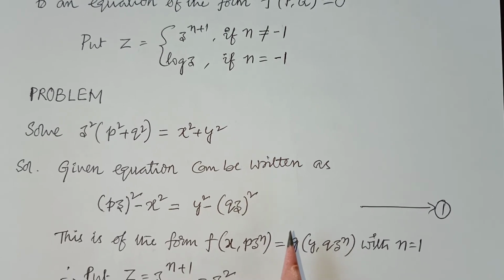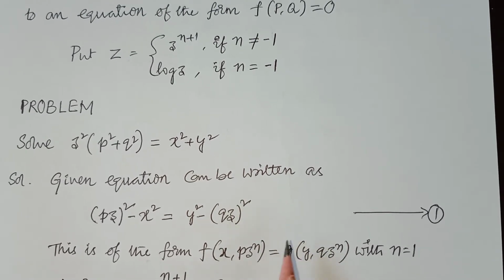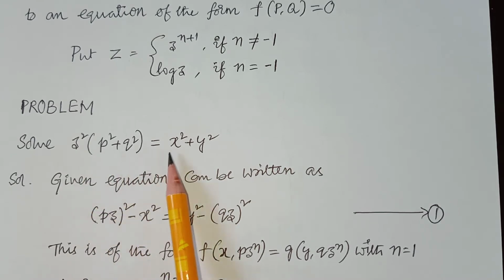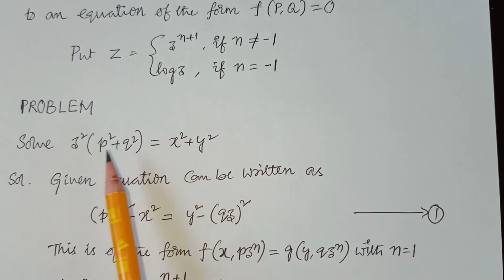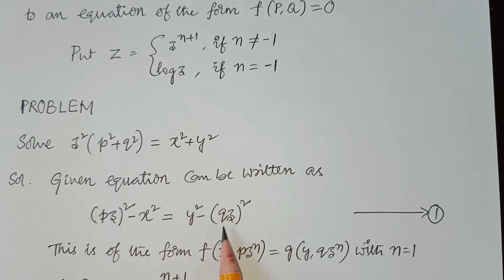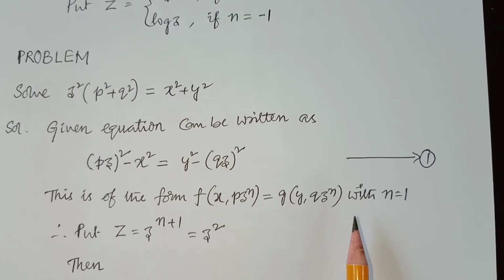Now take a look at the problem: z^2 (p^2 + q^2) = x^2 + y^2. The given equation can be separated, and you can see the pz and qz combinations. So this is of the form f(x, p z^n) = g(y, q z^n) with n equal to 1.